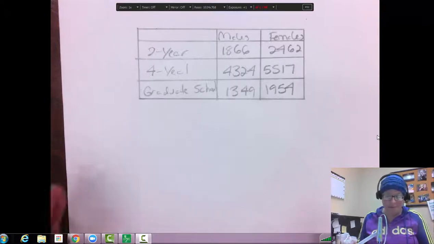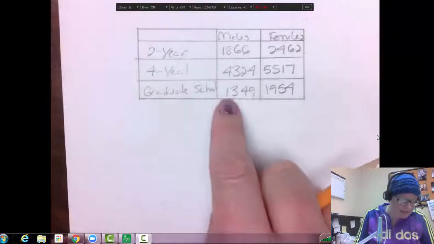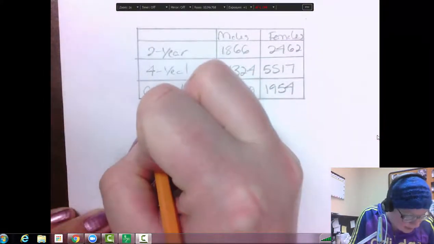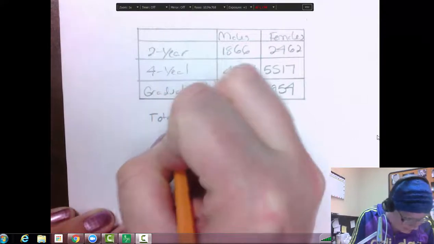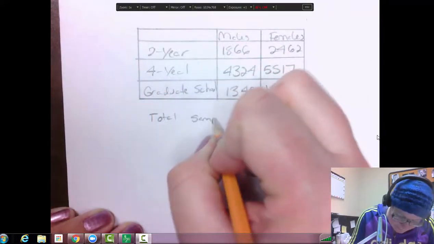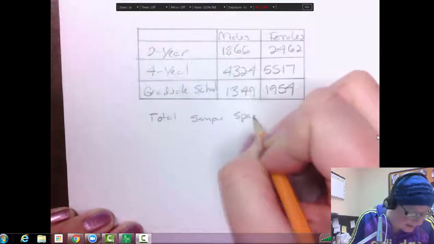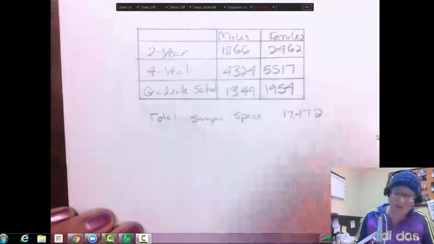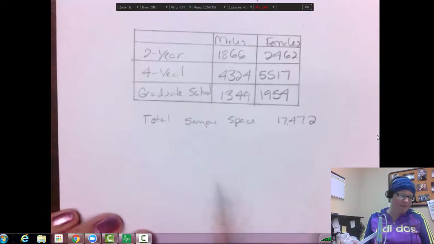For this one, if we add them all up, we have a total sample space of 17,472.